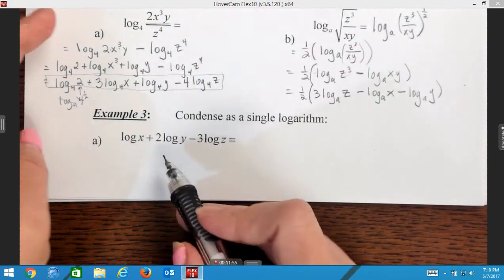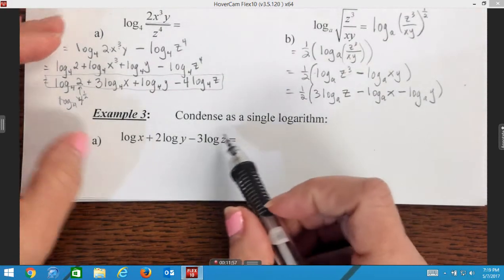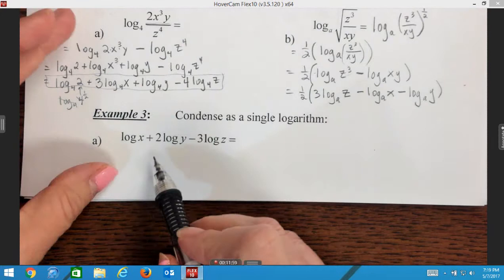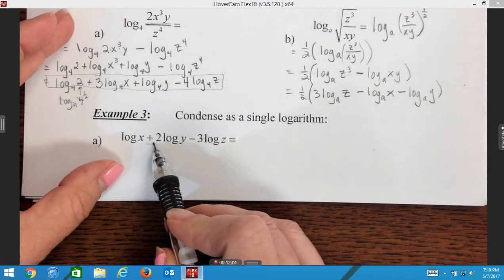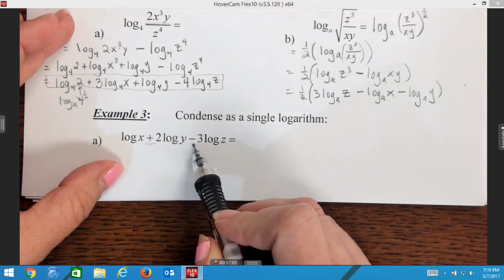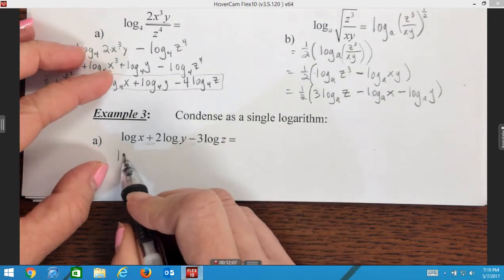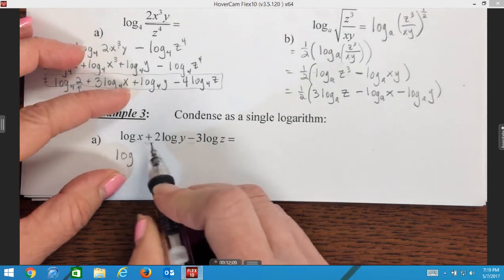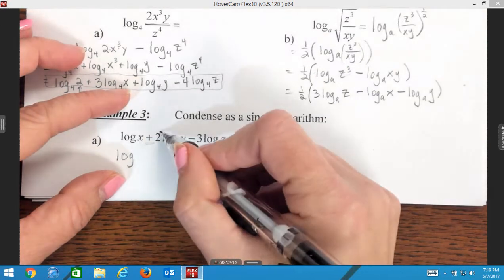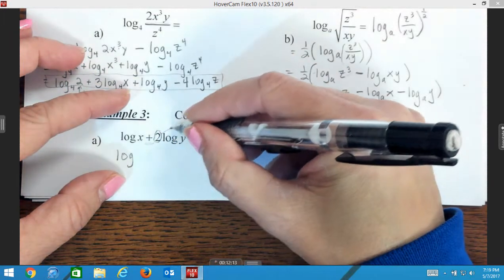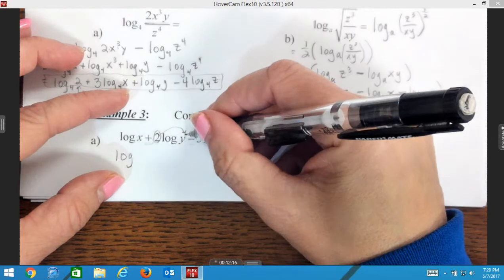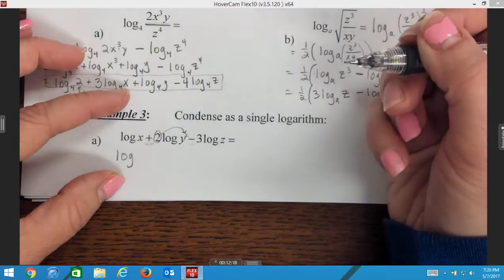All right, then we have some exercises in condensing. So we're going to do the opposite of what we just did. I notice a plus sign here, that means multiply. I notice a minus sign right here, that means divide. And we need to go order left to right. So we'll have log, and then, I should probably move this 2 up to the y and make that y squared first.